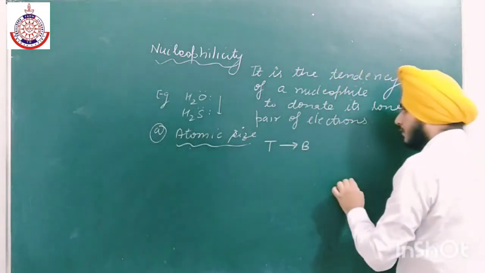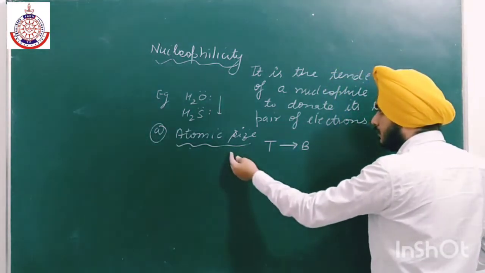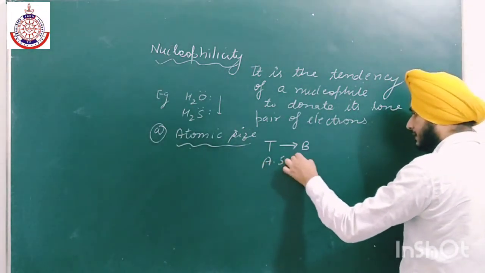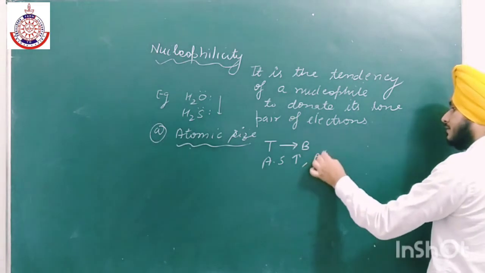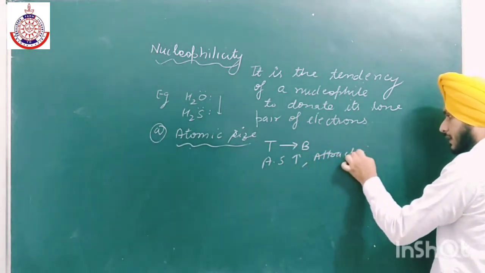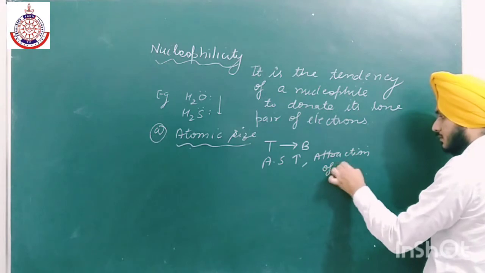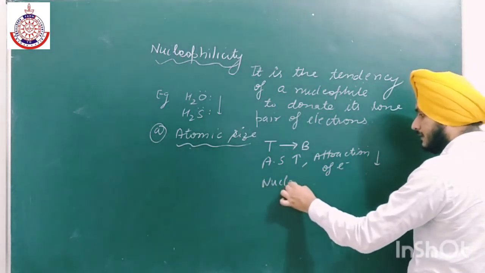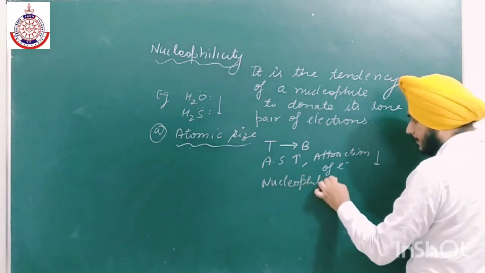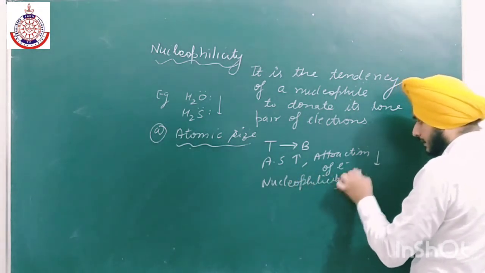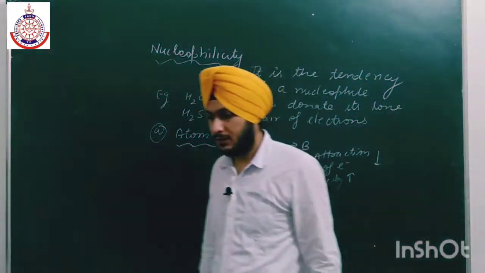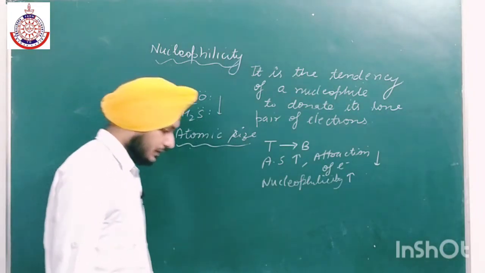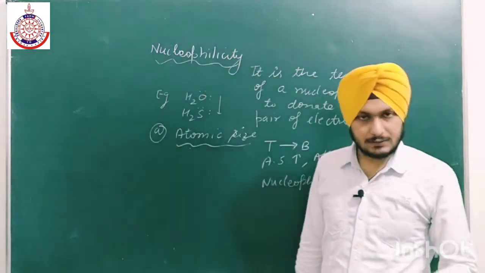That is why we will take the electronegativity factor. As we go from top to bottom, atomic size increases and the attraction of electrons will decrease. That is why nucleophilicity, or the tendency, will increase. This is the main reason why on going from top to bottom the nucleophilicity increases, because the size will increase.